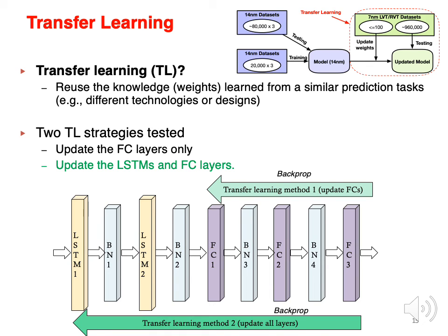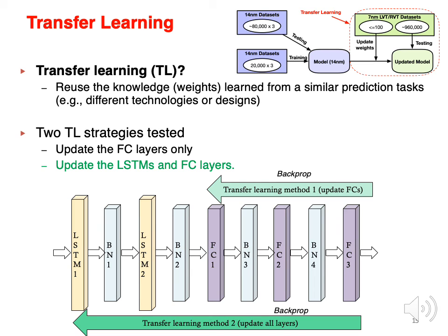Specifically, we have implemented and tested 2 different transfer learning strategies on our proposed model. The first one will only use the new data to update the fully connected layers, where we start the retraining process with initial weights trained from the 40 nanometer dataset. That is shown in the first green arrow here.